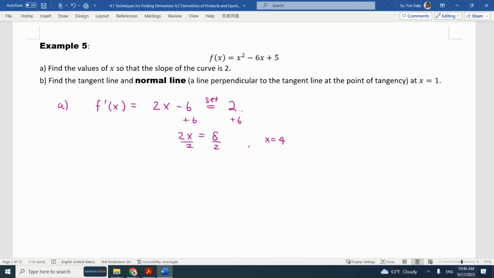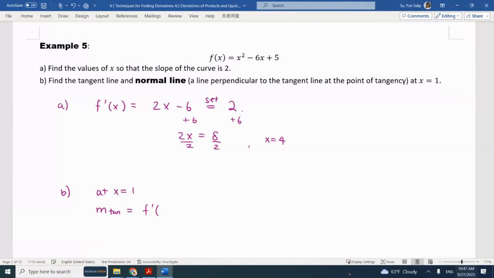Part B, find the tangent line and the normal line at x equals 1. Yeah, so this is the place you see the normal line. Tangent line at x equals 1. What is the slope of the tangent line? The slope is the derivative, right?